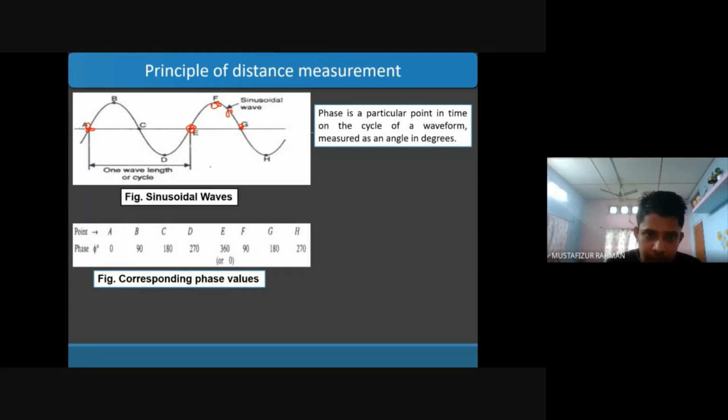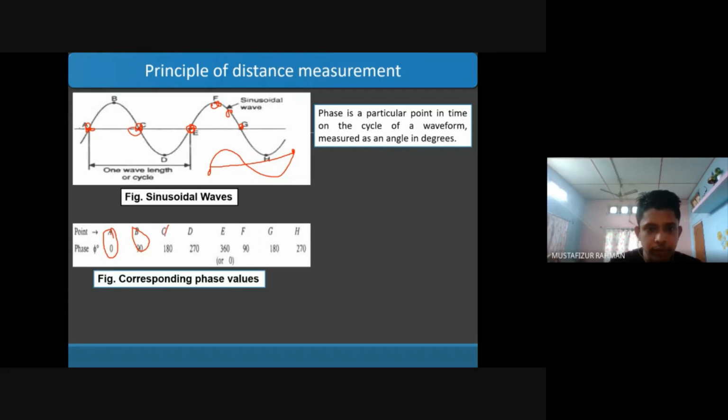So when it completes an entire wave, this has traveled, it's like 360 degree. It has made a complete circle. Okay, so it is written here. So at A point, what is the phase? 0 degree. At B point, what is the phase? 90 degree. At C point, 180 degree. Half is completed.